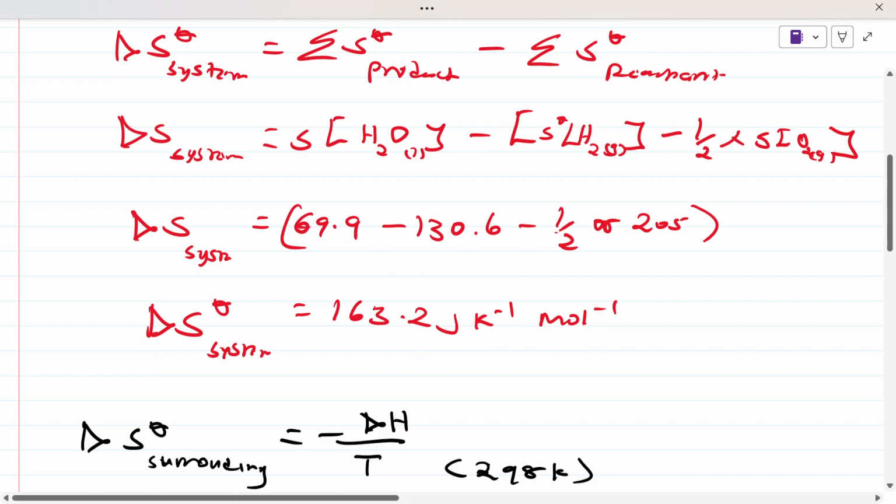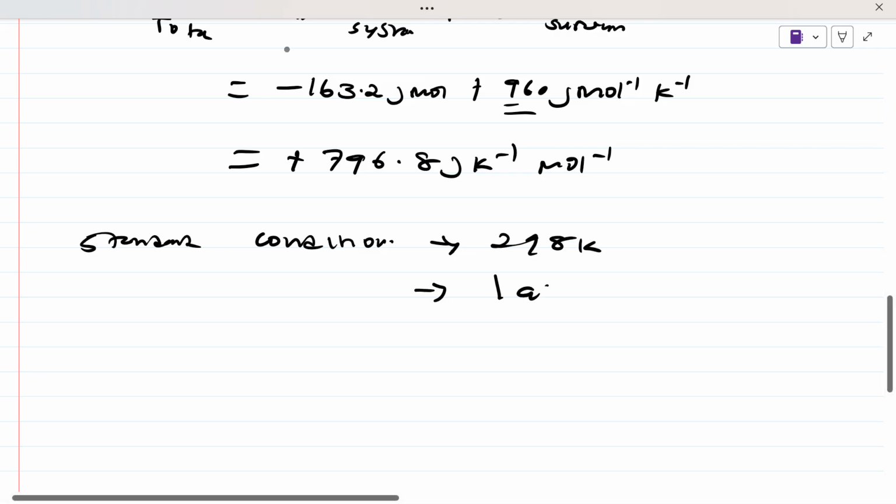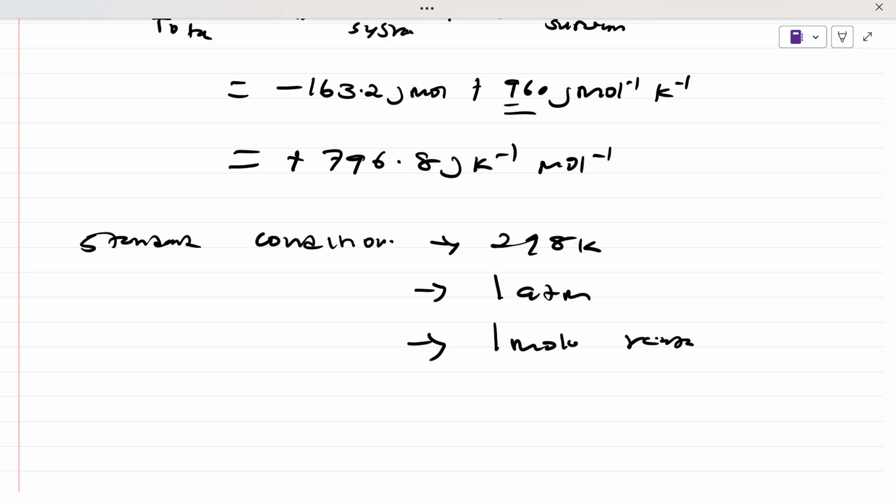And as I said earlier, the standard conditions are a temperature of 298 Kelvin, a pressure of 1 atmosphere. And mostly we always treat a mole of each and every reactant, which can sometimes vary due to the amount of substances that are taking place in a given reaction.